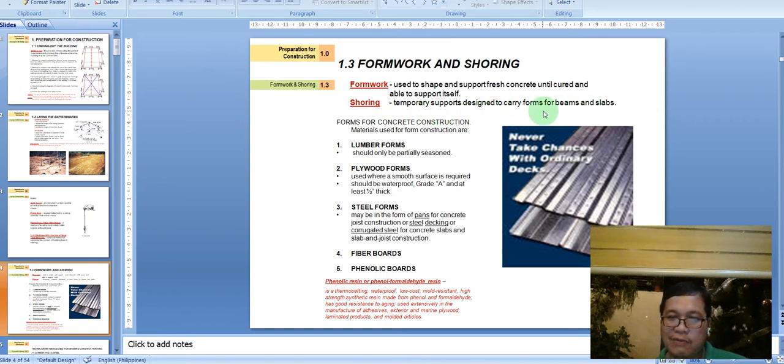One thing that you must always remember, class, is that when you choose a material for your formwork, it should be of sufficient strength to hold the concrete. Because once you pour the concrete and there's some movement, you're going to have a column that is not shaped according to the plan. So you're going to have a lot of problems.